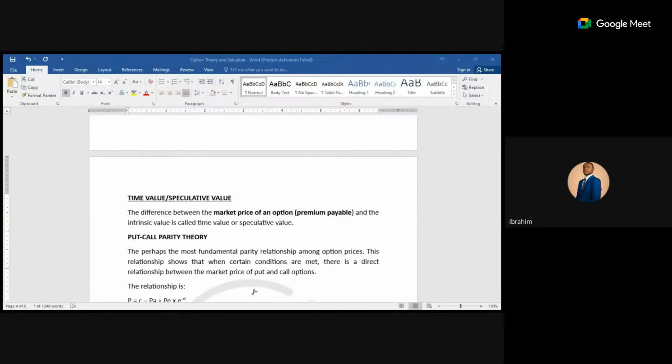If the premium is not given to you, you have to calculate the call option premium and the put option premium. So the difference between the premium and the intrinsic value calculated earlier is called time value.